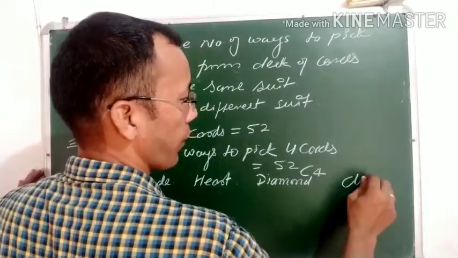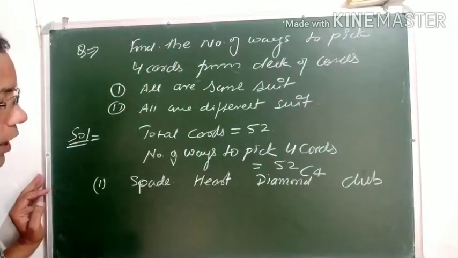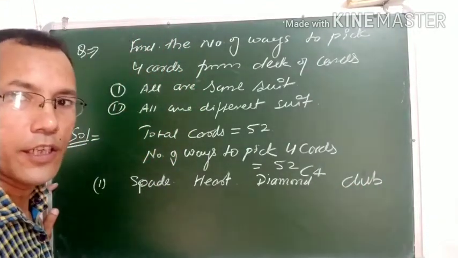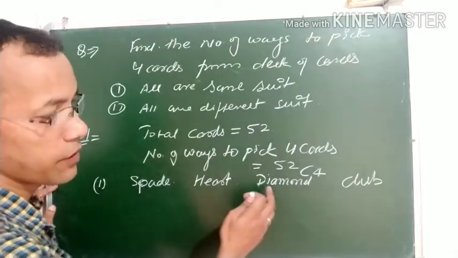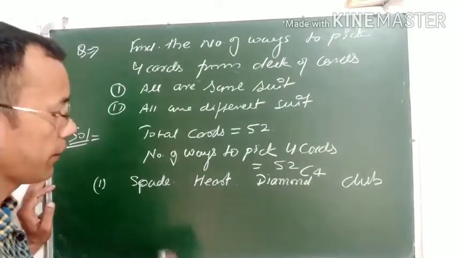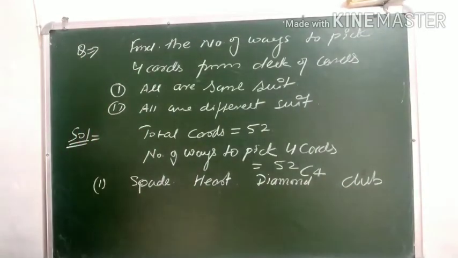How many spades are there? There are 13 spade cards, 13 hearts, 13 diamonds, 13 clubs, so the total is 52.